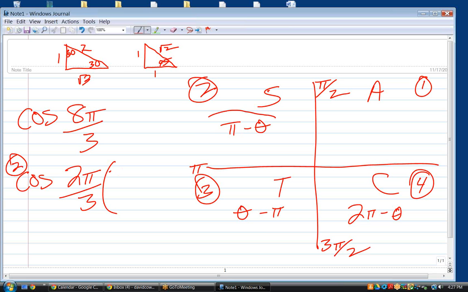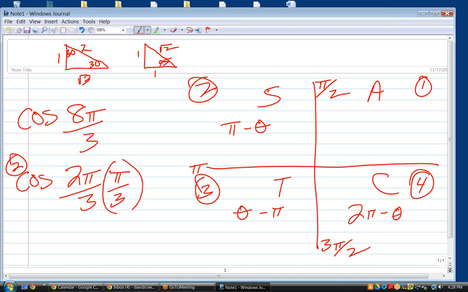In other words, it's second quadrant, so use that. Oh, right, that's pi over 3. Okay, I'm going to write it in parentheses now. I've decided this is a better way to handle it.